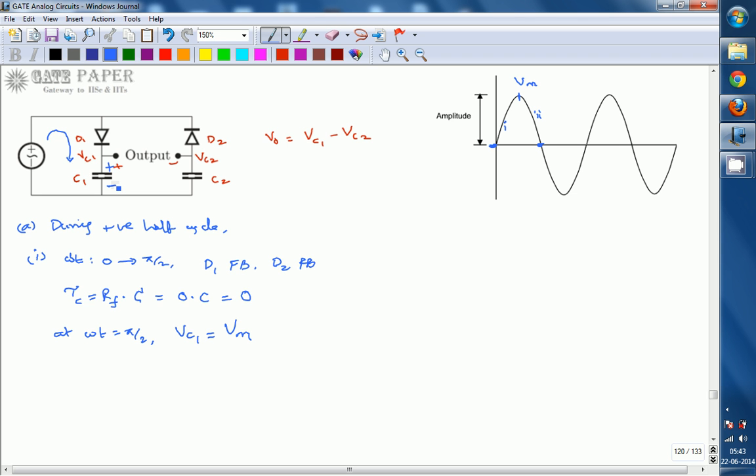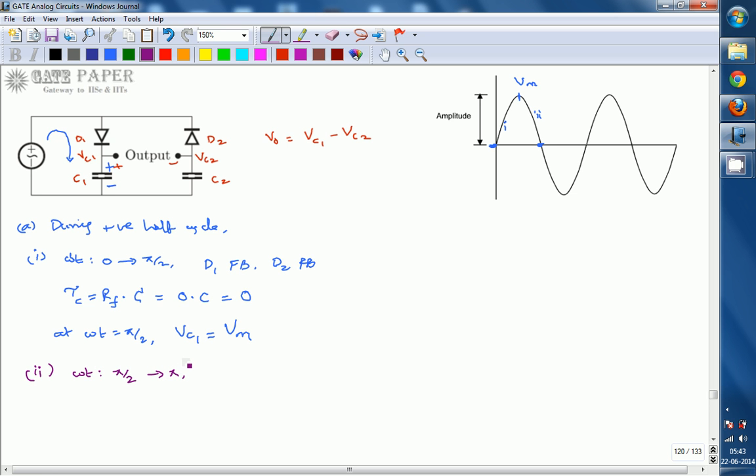Now the voltage across the capacitor is Vm with the polarity as shown. If we now go for the second case, omega t goes from pi by 2 to pi.